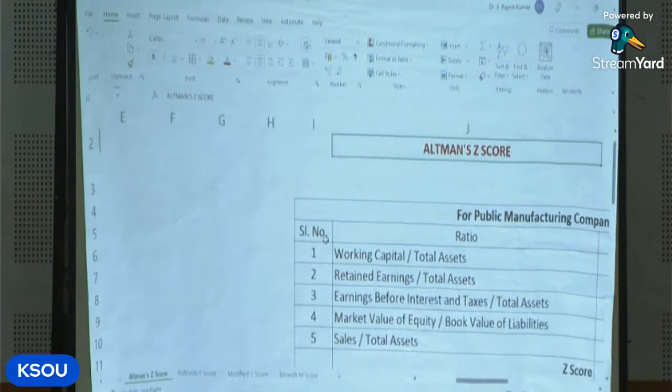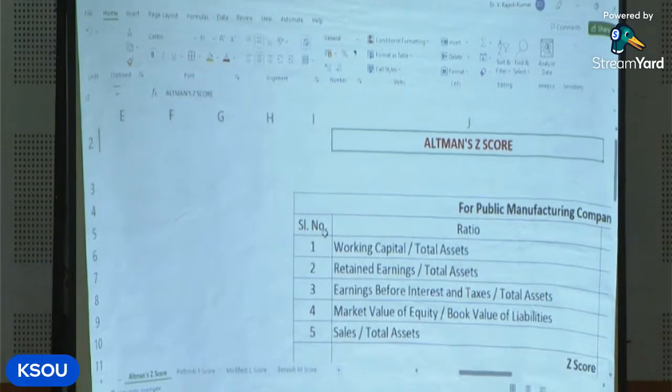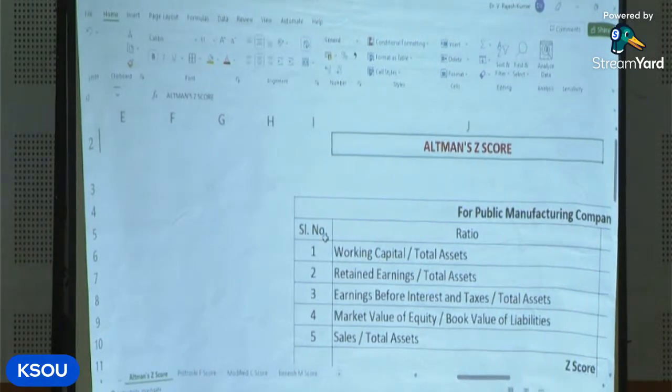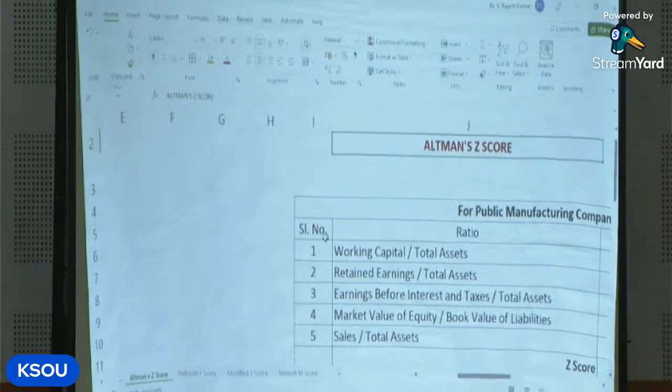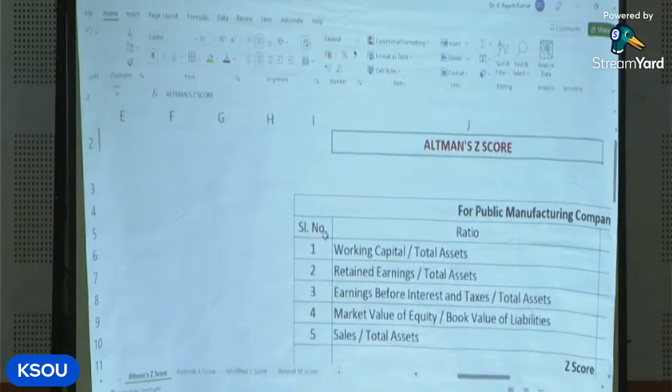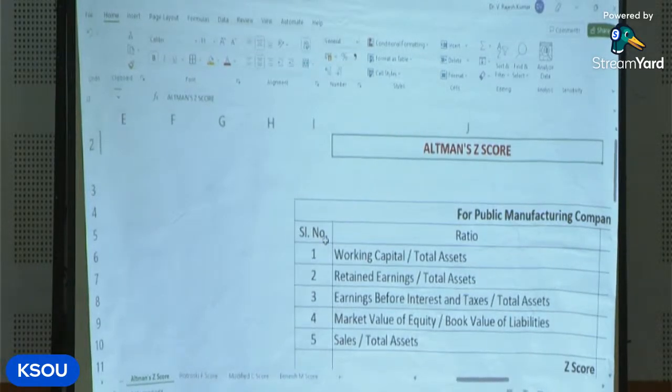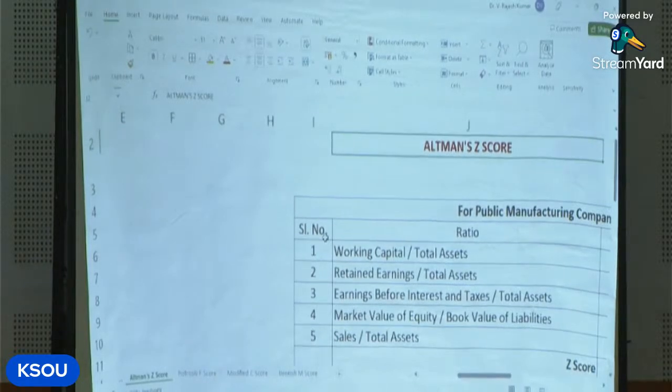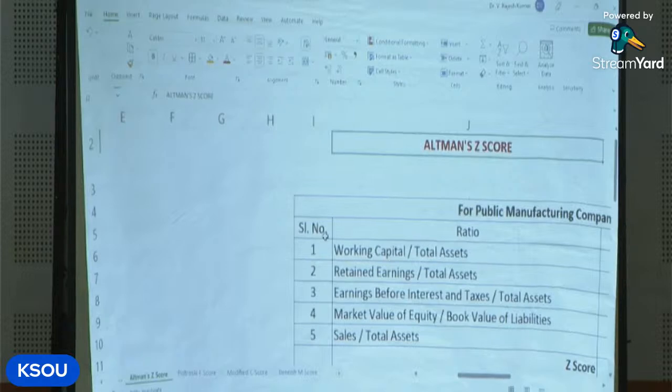Very effective, but a very simple model. Very simple. And this model, Altman, David Altman, I think is the full name, and the professor, Edward Altman. Initially, he came up with this model for public manufacturing companies in the USA.